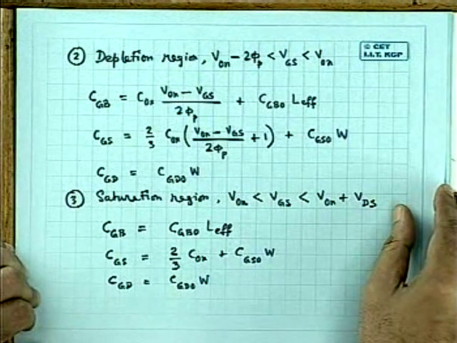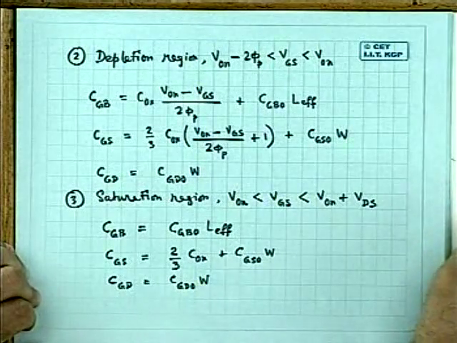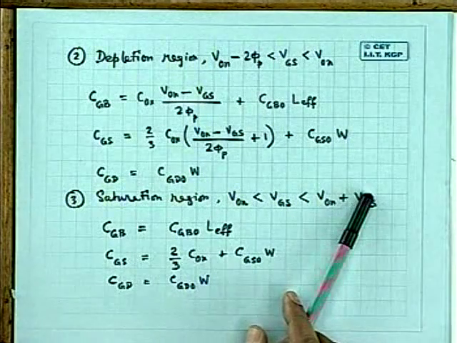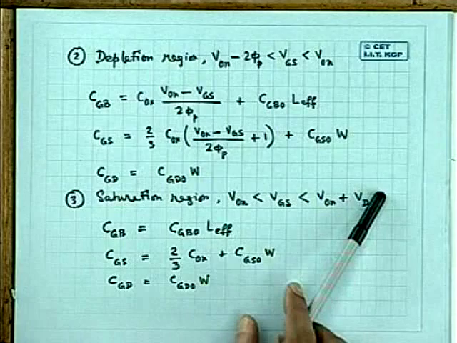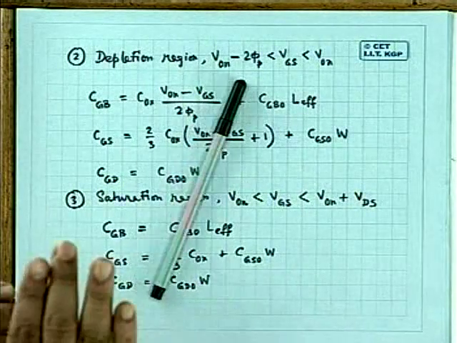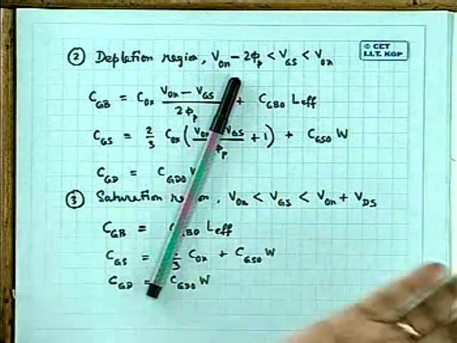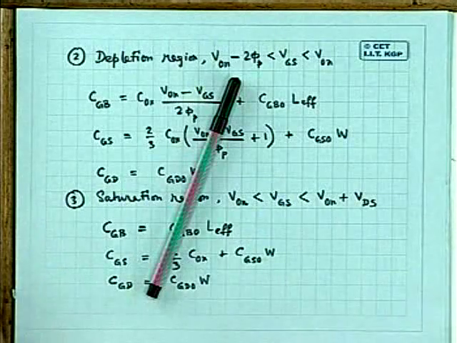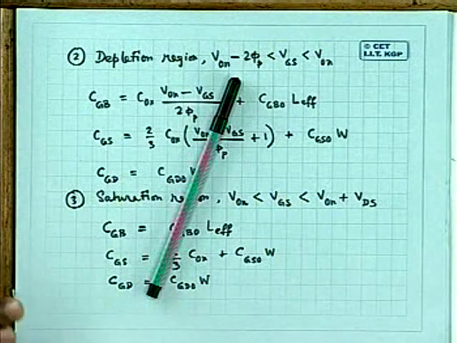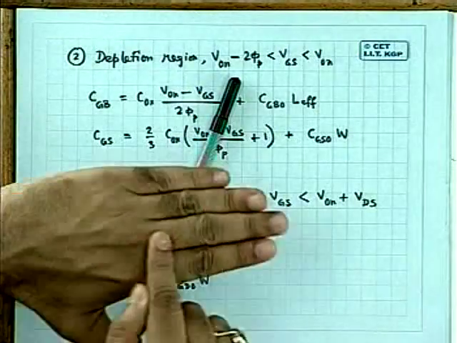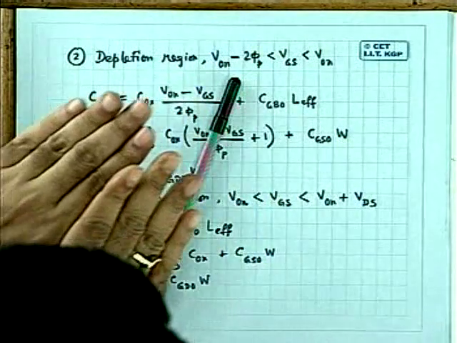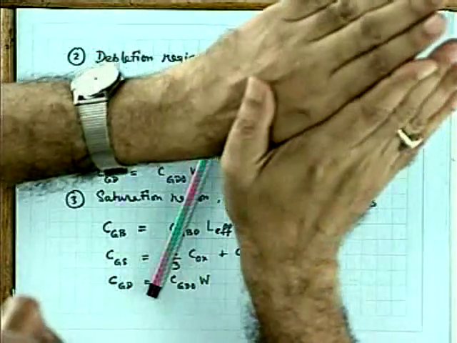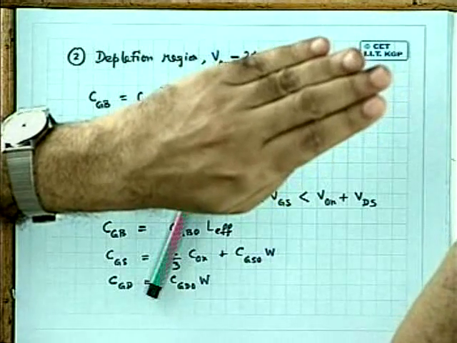In saturation region, the channel is between the gate and source, isn't it? The inversion layer has formed. So electrically, the source region you have contacted at source, and there has been an electrical thing extending through the channel up to the drain end.